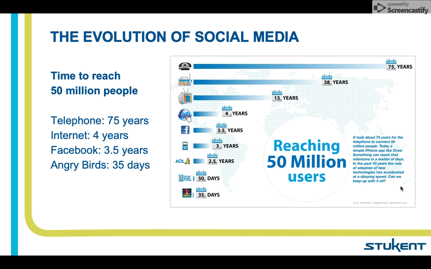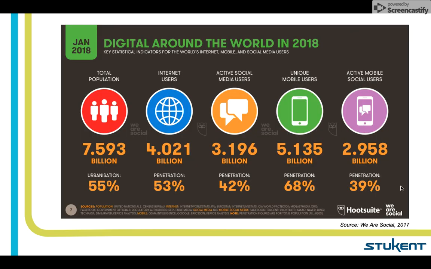Facebook took 3.5 years, and Angry Birds took 35 days to reach 50 million people. As social media has been progressing since Facebook and Instagram, or MySpace too, those are really the two big social media platforms that got everything started, and then it took so much less time for everybody to get on the bandwagon with whatever is out there.